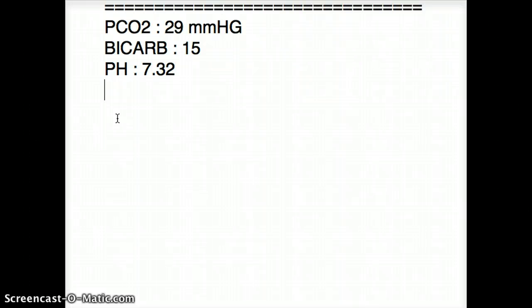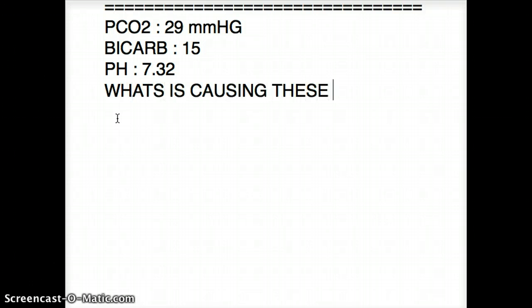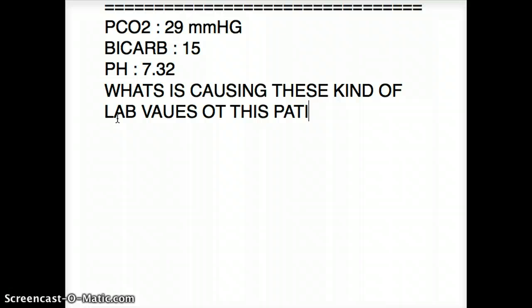So the question is, what is causing these kinds of lab values in this patient?